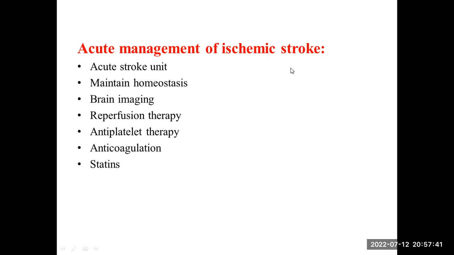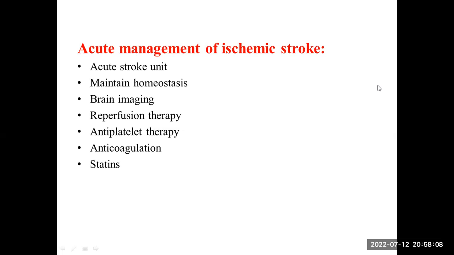hypertension or high blood pressure with acute ischemic stroke should not be controlled, should not be reduced in the first week of acute stroke. So in the first week of acute stroke, you should not lower the blood pressure unless there is an element of hypertension target organ damage. For example, if the patient is having very high blood pressure and there is a target organ damage related to hypertension, like aortic dissection or myocardial infarction or acute kidney injury, in these situations, you can start lowering the blood pressure.